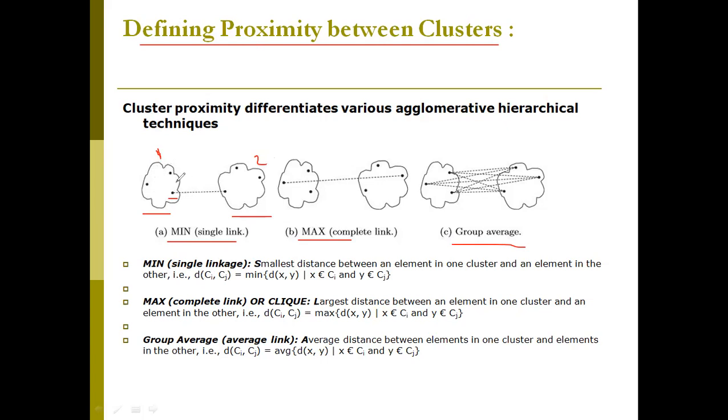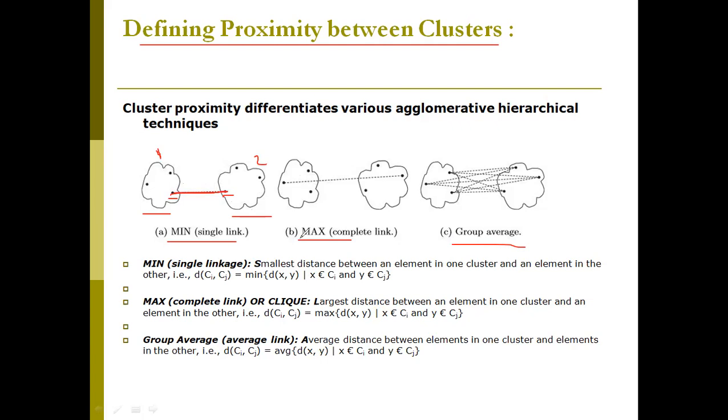Out of these 3 data points, which data point is near to cluster 2? You need to identify that one. As well, in cluster 2, which data point is near to cluster 1? You need to identify it. Then you need to calculate the distance between these two data points. That is called the minimum proximity or single link.